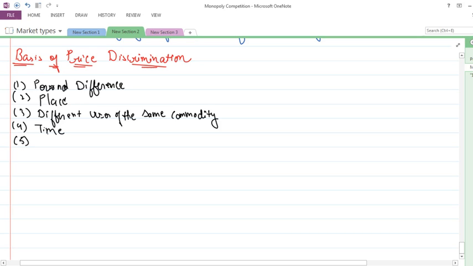The fifth basis of price discrimination is distance. For example, the longer the distance a good has to travel, the higher the price would be. Railways and other transport companies charge lower rates per kilometer if the distance is long, and if the distance is short, then it would be higher.